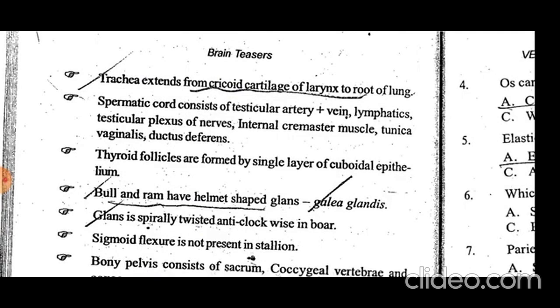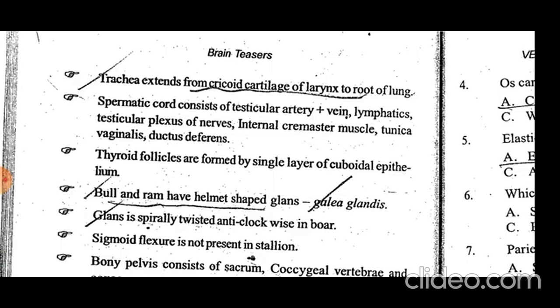Spermatic cord consists of 7 things: artery, vein, lymphatics, nerves, muscle, tunica vaginalis, and ductus deferens.